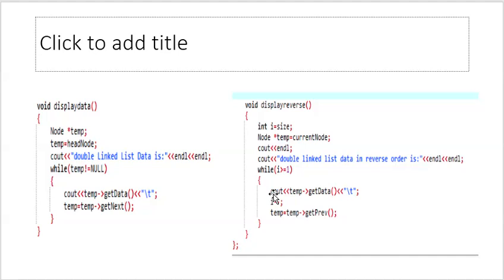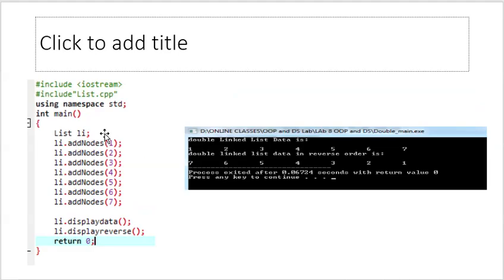Just look at how temp gets data, and then it goes to the minus, and then temp goes to the previous, meaning it takes us to the previous nodes like this.